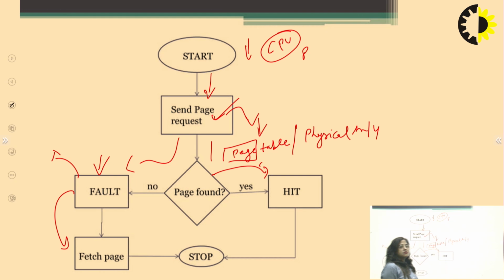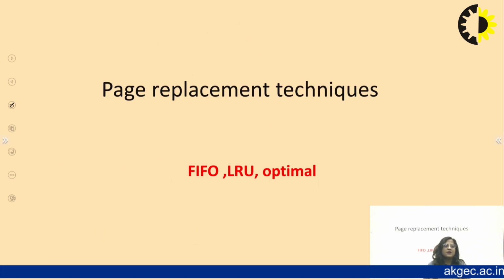Page fetch gets your demanded page by the swap in and swap out technique. But to complete this process, we use different types of techniques. I will discuss these techniques in further slides. Now there are three page replacement techniques.